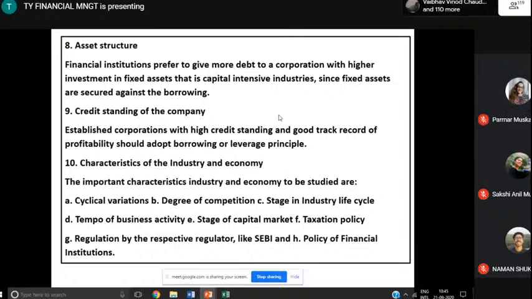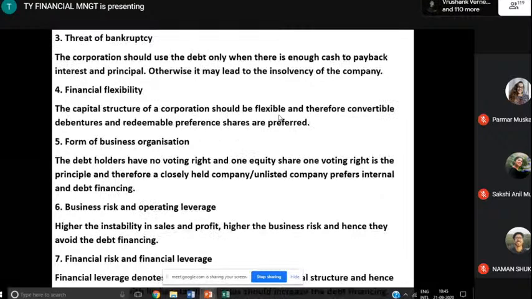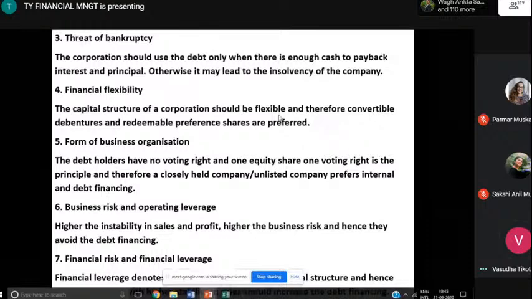Topic 3, common size vertical financial statement. Very good. Thank you.